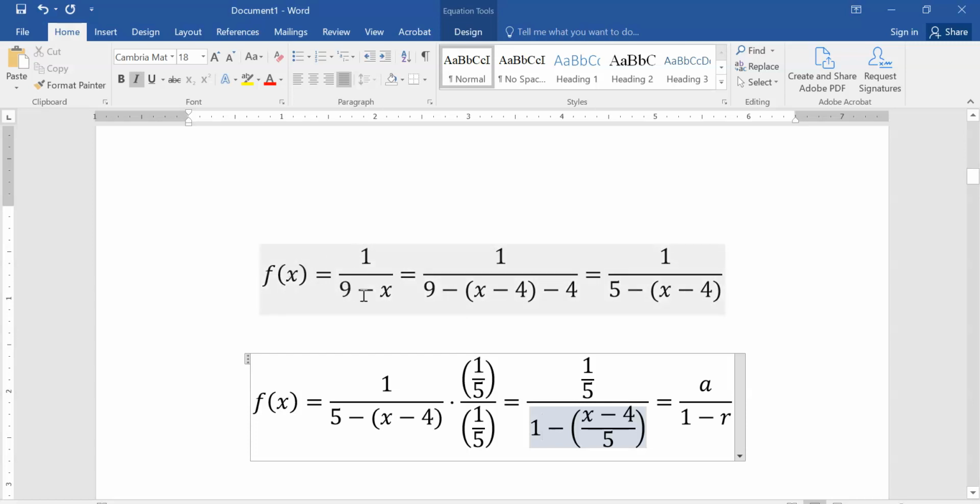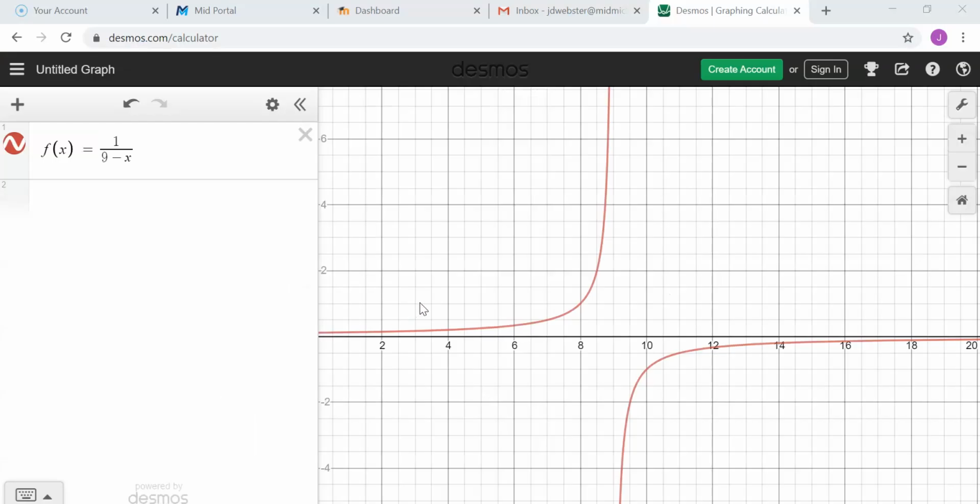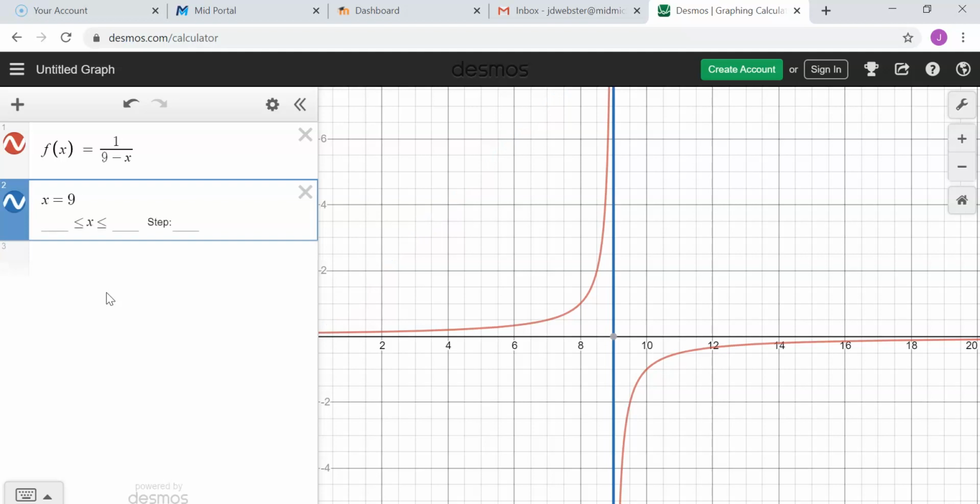In other words, if you were to graph this, here that function is graphed. You can see we're getting an asymptote at the value where x is equal to 9. So x equals 9 is an asymptote of this function.